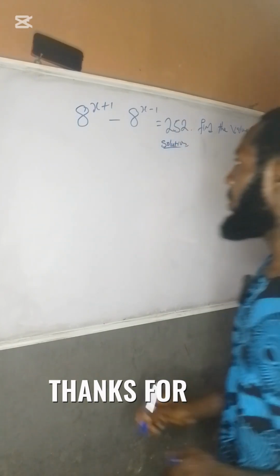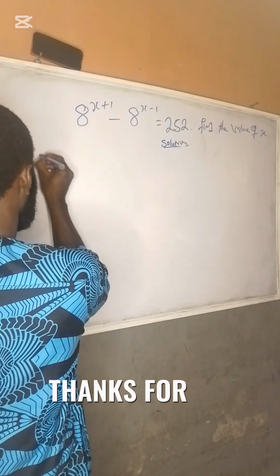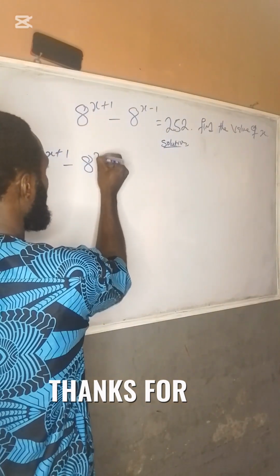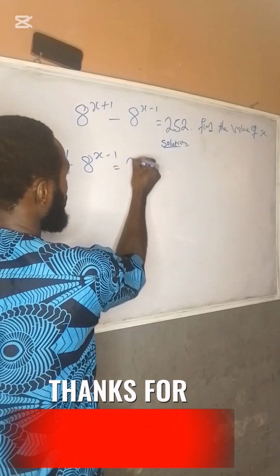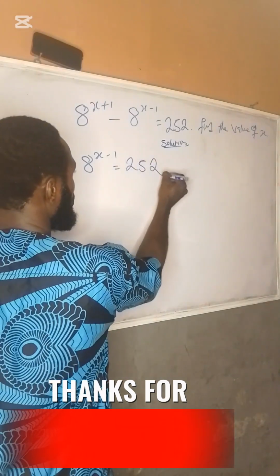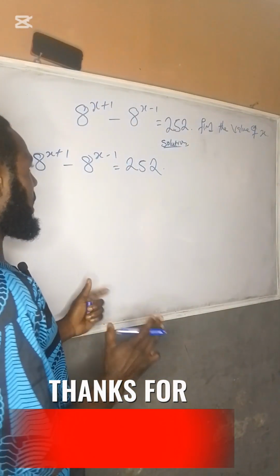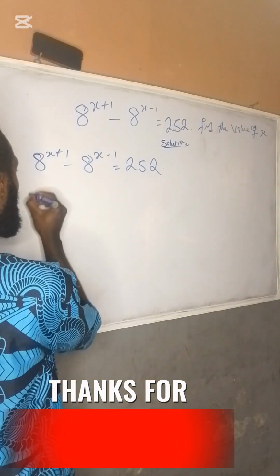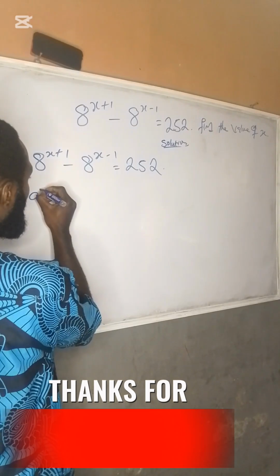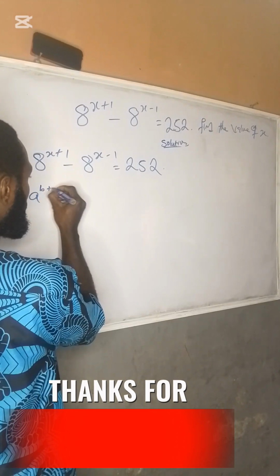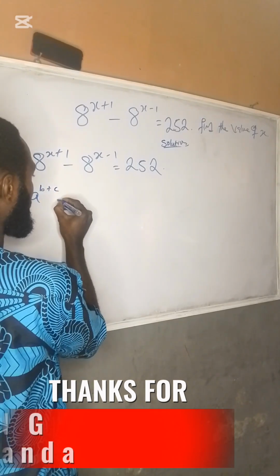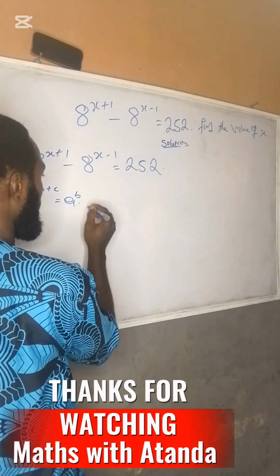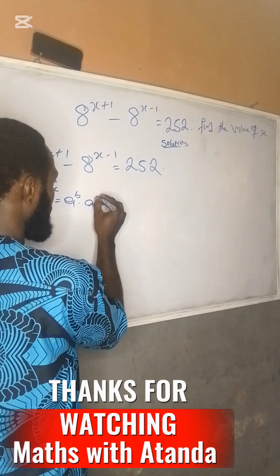Our problem given to us is 8 raised to the power of x plus 1 minus 8 raised to the power of x minus 1 is equal to 252. So now, clearly, let's solve it. Under laws of indices, if you have a raised to the power of b plus c, it can be written as a raised to the power of b multiplied by a raised to the power of c.